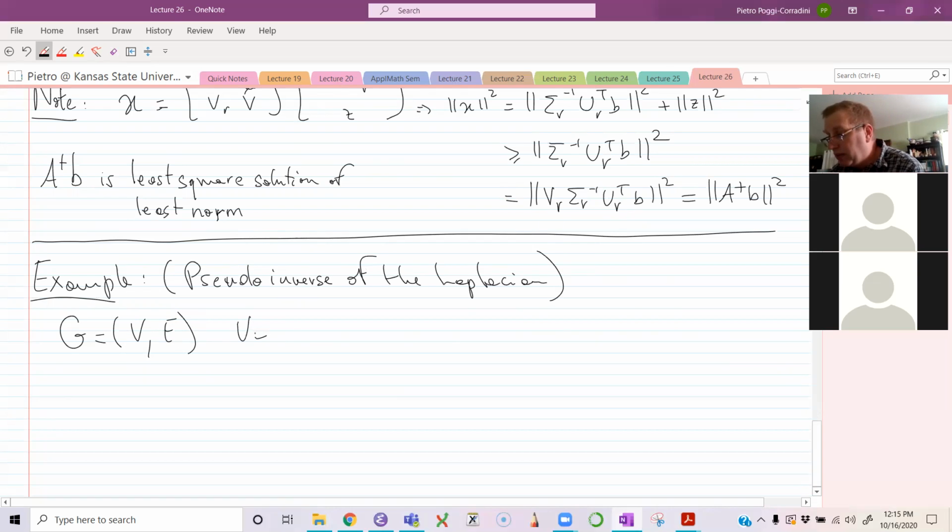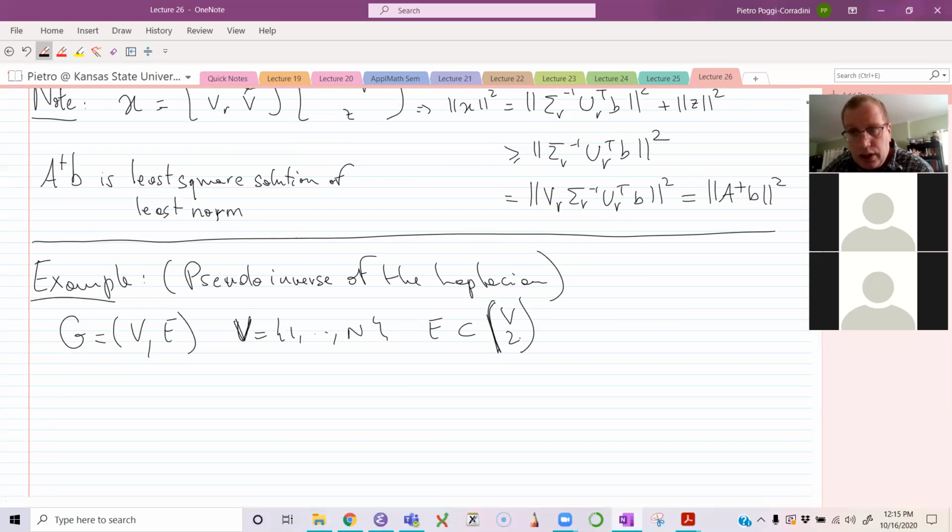The nodes are going to be numbered 1 through n, and the edges are going to be pairs of nodes. So in this case, you could call this a simple graph.